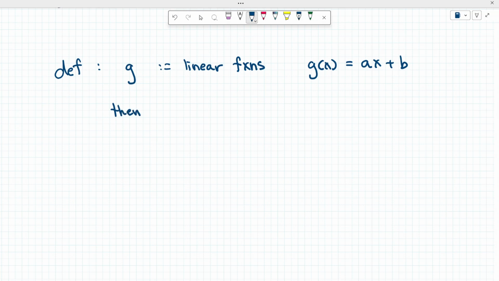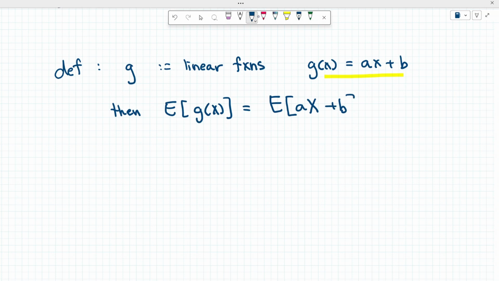Then if we take the expected value of g of x, we can actually separate it linearly. So let's derive that. We sub in our g of x into the brackets, so we've got ax plus b, remember x is our random variable.